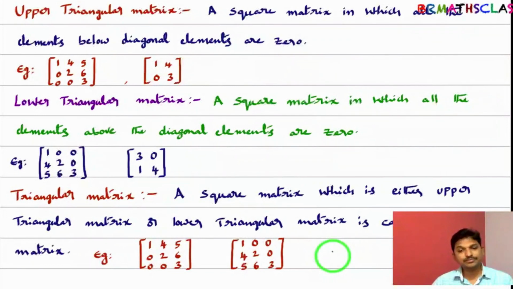You see this one. This is a triangular matrix or not? All the elements above the principal diagonal are 0, so this is actually lower triangular matrix. Lower triangular matrix is also known as triangular matrix. So, we learn 3 definitions in this class: upper triangular matrix, lower triangular matrix and triangular matrix.